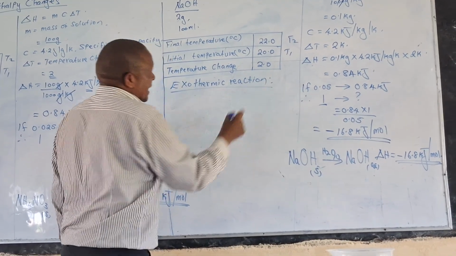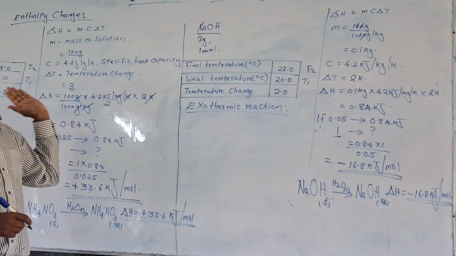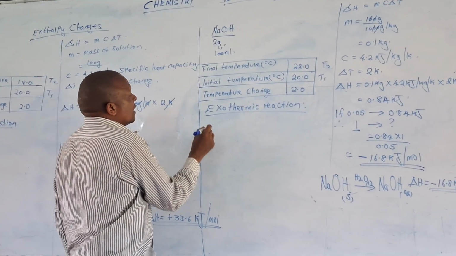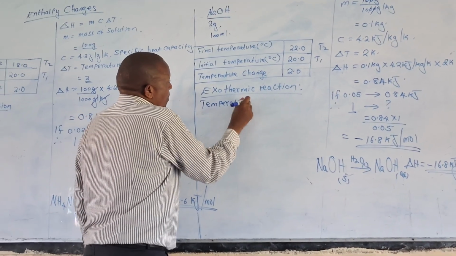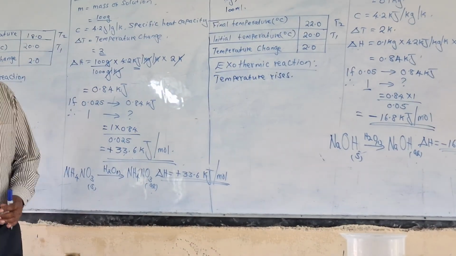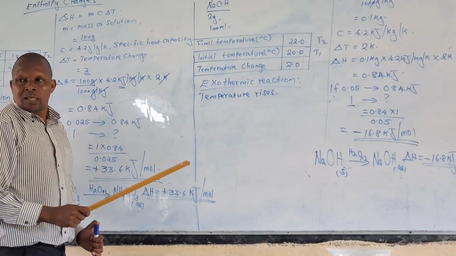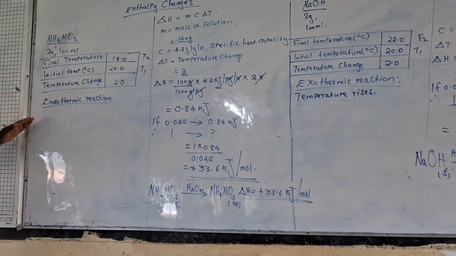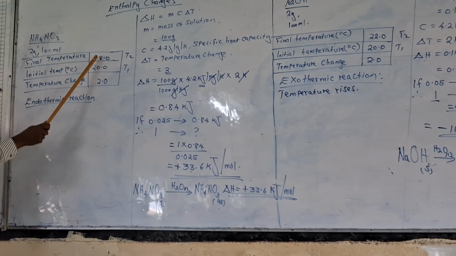Now, let us look at the reasons why we are saying this is exothermic and this is endothermic. This is an exothermic reaction because the temperature rises. Look, the temperature has risen from 20 to 22. What about in the case of the endothermic reaction? The temperature has dropped from 20 to 18.